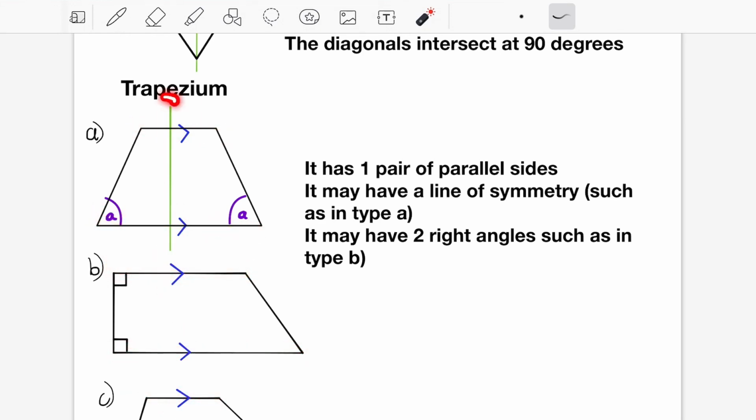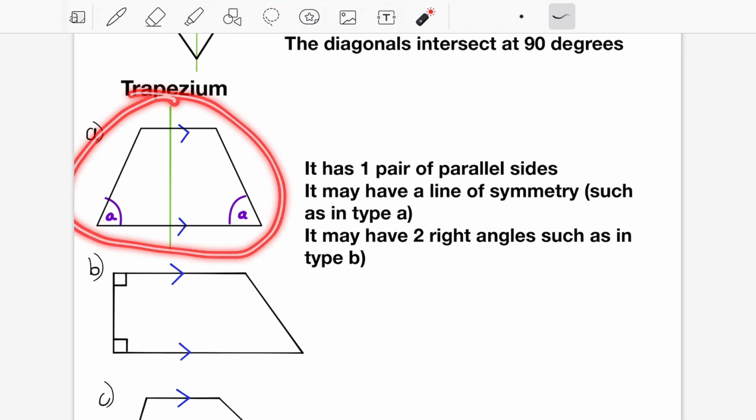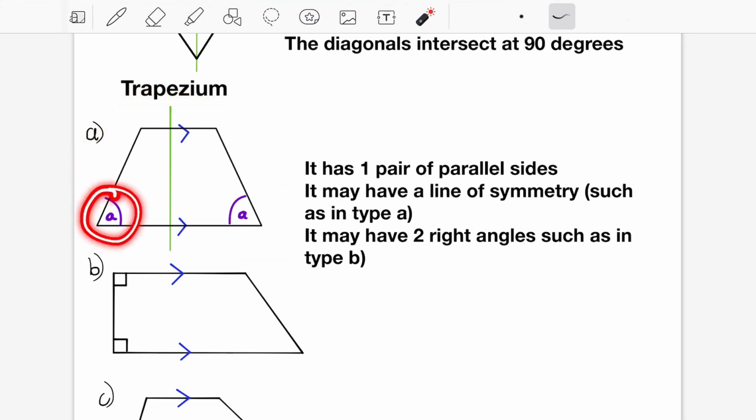So the first trapezium, we can see that we can have 2 equal angles, and that will give us one line of symmetry. These 2 sides will be equal as well. The second one has 2 90-degree angles, and the third one has no 90-degree angles or no equal sides or angles.